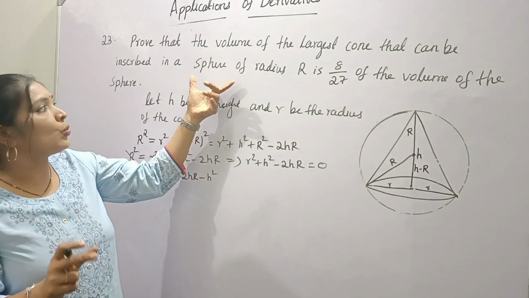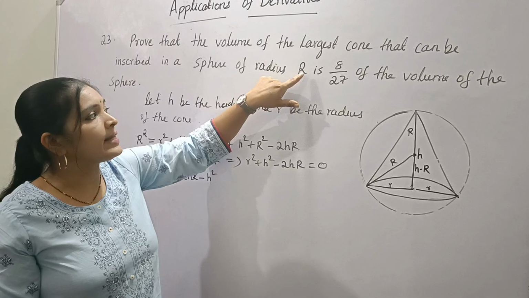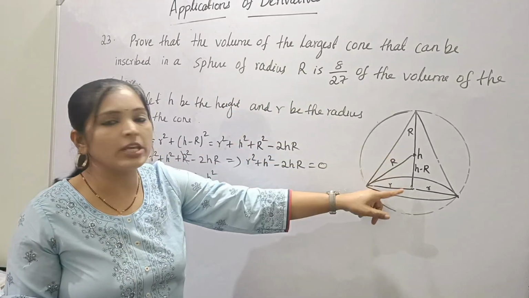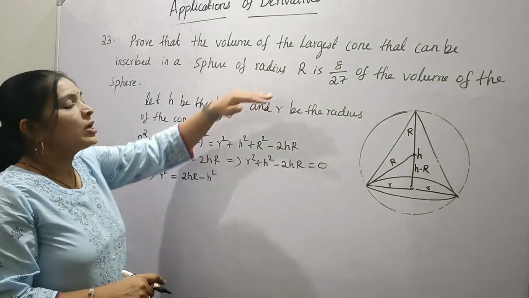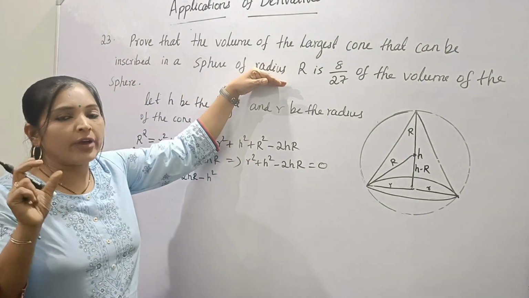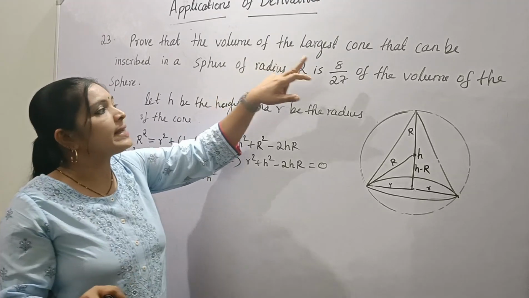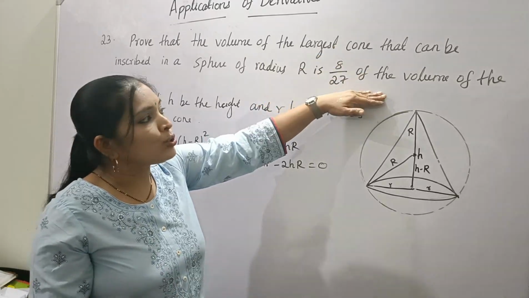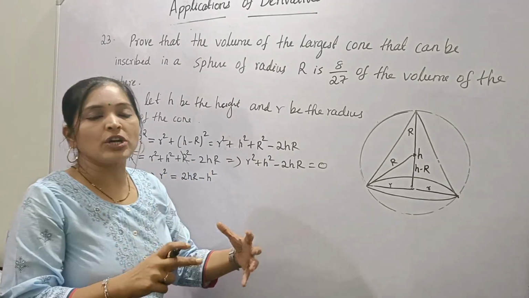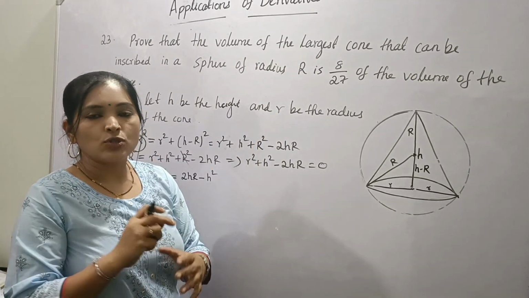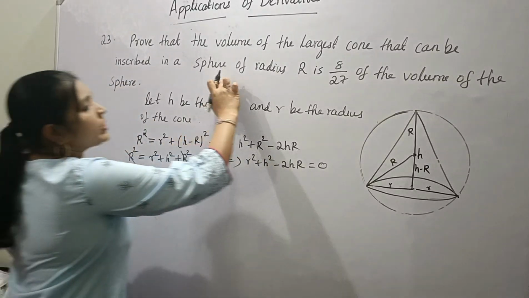We have to prove that when the volume of the cone is maximum, its volume is 8 by 27 into the volume of the sphere. So first we have to prove the volume of the cone is maximum, and after that we will prove this.